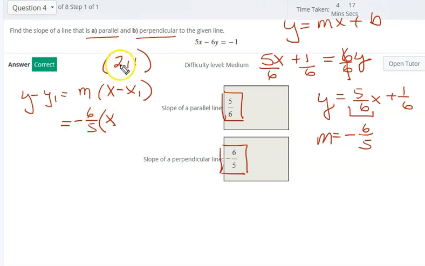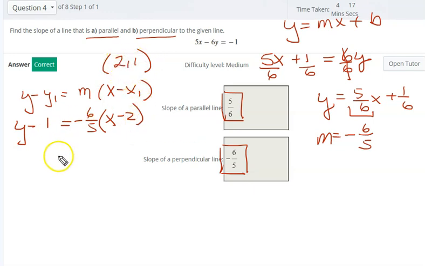Our x would be, again, because of the negative, it's going to be the opposite sign. So negative 2. And our y, again, because of the opposite sign here, it's going to be a negative 1. And there it is in point slope form.